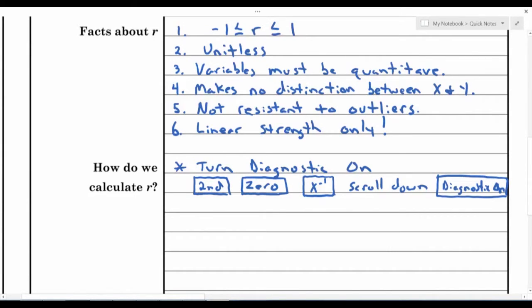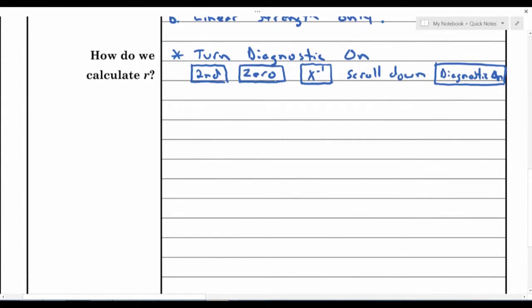Alright. After turning diagnostic on, you will enter the data in stat. And we have done this on numerous occasions for finding the equation of a line or the slope of a line.